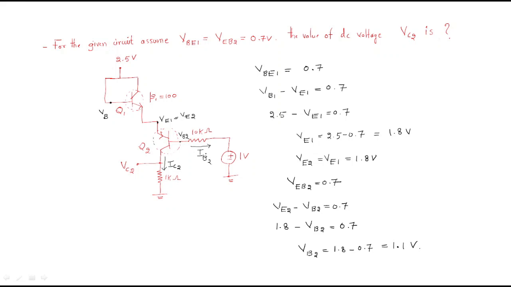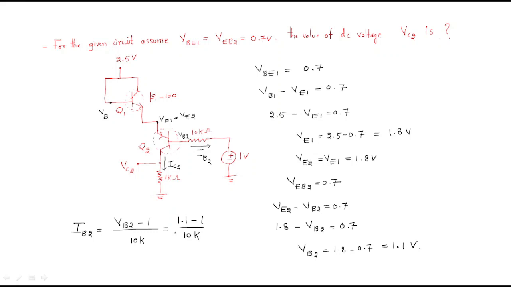Now we will find out the IB2. From here, the IB2 value equals this voltage minus this voltage divided by this drop. So VB2 minus 1 by 10K. What is VB2 here? The VB2 value is already 1.1, minus 1, by 10K.